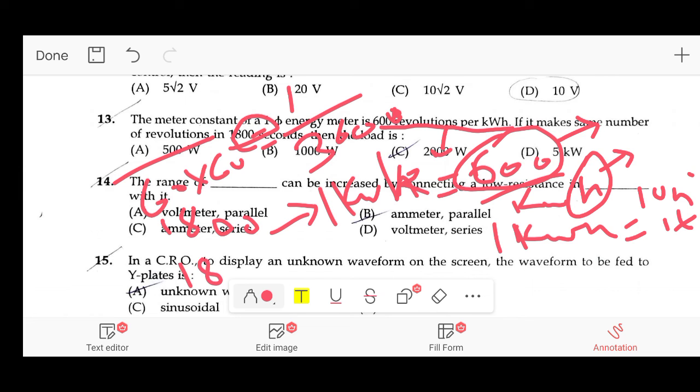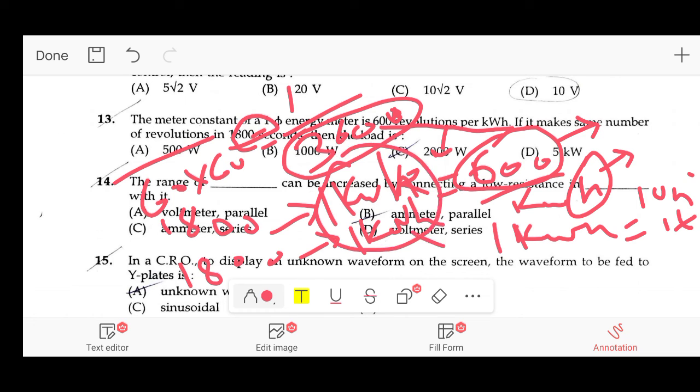Again 1800 seconds, total 3600 seconds. Again in 1800 seconds, the disk will make 1 kilowatt hour reading. So the total 1 kilowatt hour becomes 2 kilowatt hour reading.